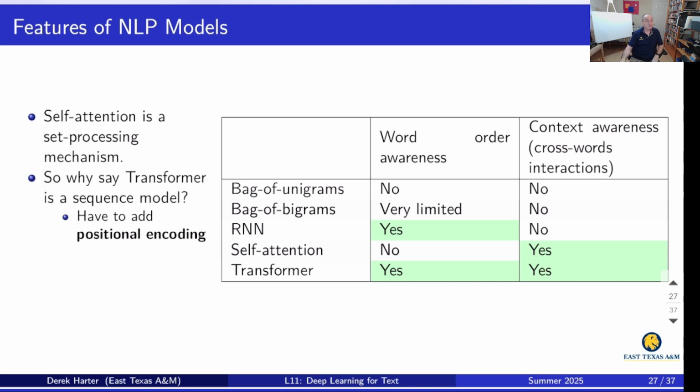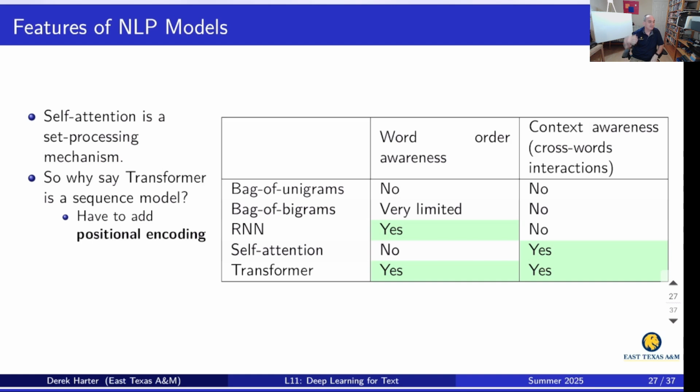Recurrent layers, I suppose we could add in an attention layer, but recurrent layers, the way we've used them so far, are aware of word order. They explicitly, conceptually, are iterating over the sequence from the first value to the second one up to the last one.